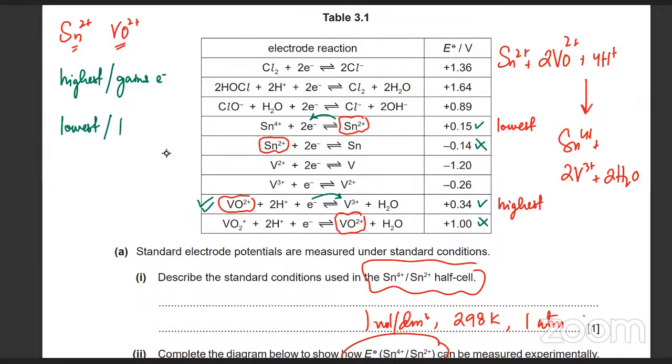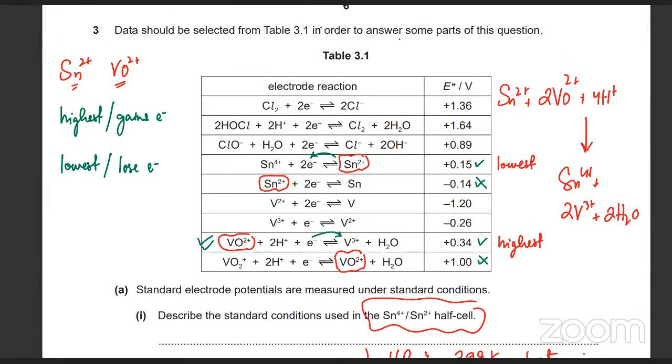The lowest one is the one that loses electrons. You can't just take any potential which has a low value. It has to be one of these two that loses electrons. So is that clear why I rejected Sn? Yes, sir. Although Sn was the lowest one, I did not have Sn in my reactants, right? Is this clear? Yes, sir.